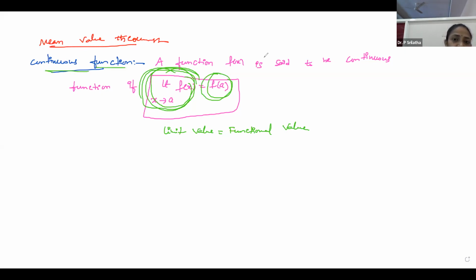Okay, so write down the example problem. Check whether the function is continuous function or not.